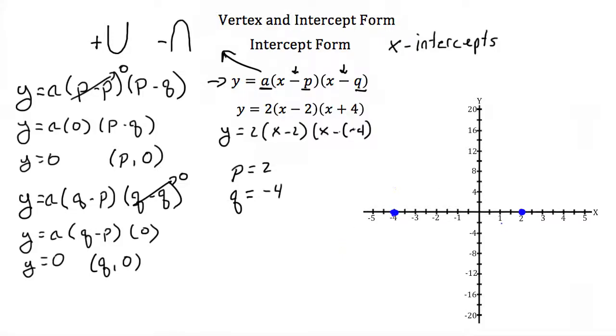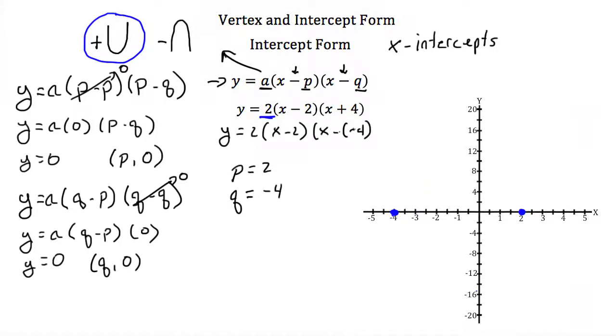Well, we have 2 points on a line, but that doesn't really give us our parabola. We know since our a is positive, we have a positive 2, that it has to open upward. But that doesn't help us too much. What we have to realize is because this is a parabola, it has a vertex and it has an axis of symmetry.